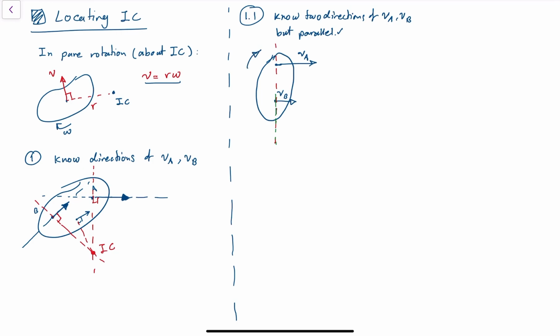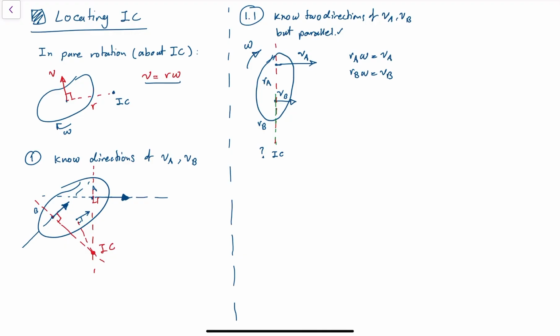If your body is rotating with some angular velocity omega, we know that from some arbitrary known position IC, I have distance RA and distance RB to these two points. So RA omega is VA, RB same omega equals VB.